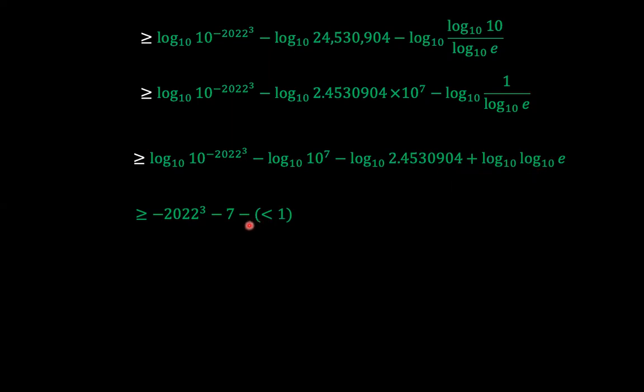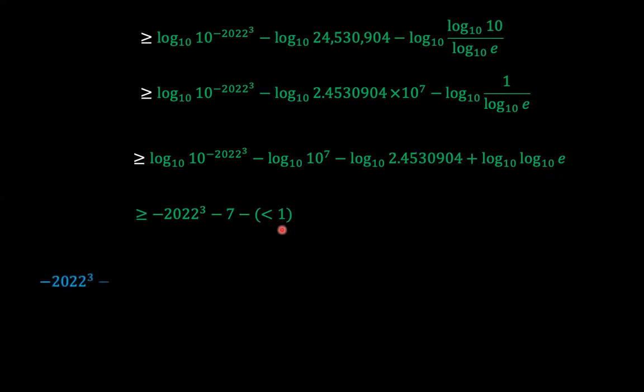And so we have the expression as well: the log 10 of the integral of interest is greater than negative 2022 cubed minus 7 minus a value less than 1.